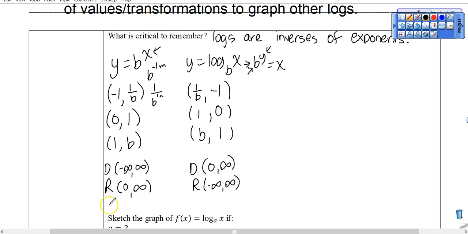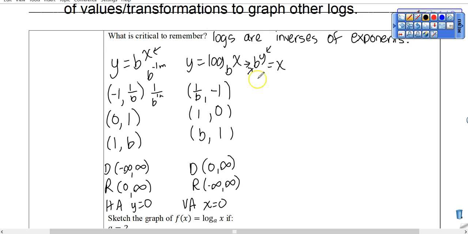Same thing applies over here, but now our domain is restricted. So here we get a horizontal asymptote of y equals 0 because our range is restricted. Over here, we get a vertical asymptote because our domain is restricted. So x equals 0. We can approach x equals 0, but we can't cross x equals 0.